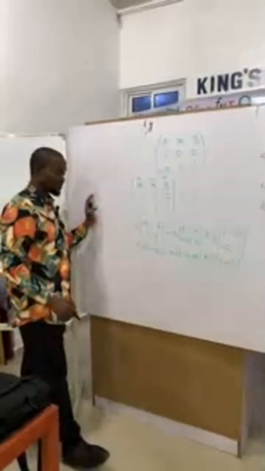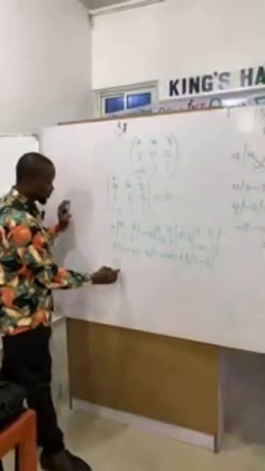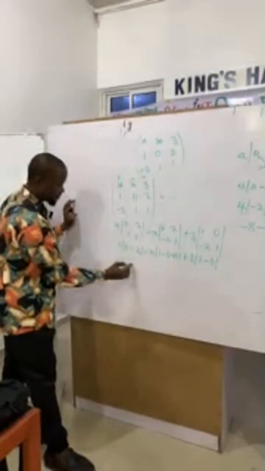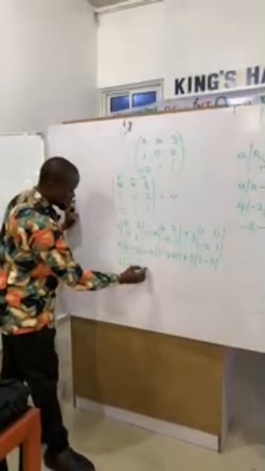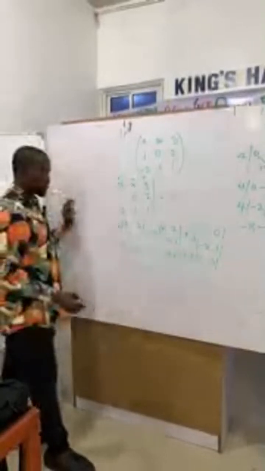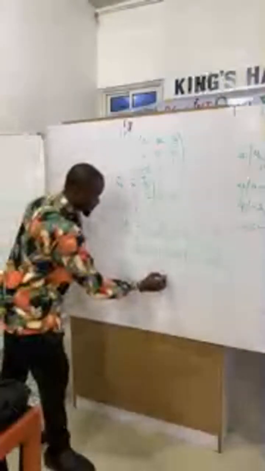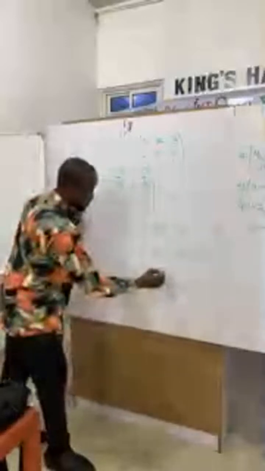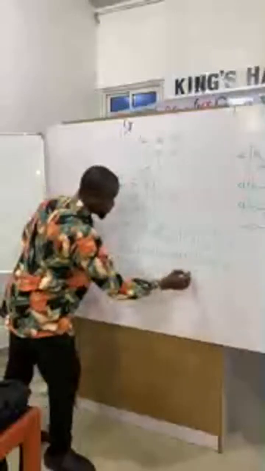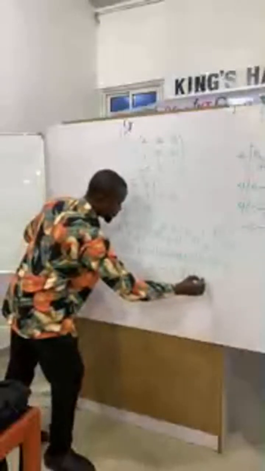So the one is going to be 4 into 0 minus 2, which is minus 2, minus x into minus is plus. So what is 1 plus 4? 5. That becomes 5. Don't forget that all of this equals 0. Now plus 3 into 1 minus 0, 1, equals 0.